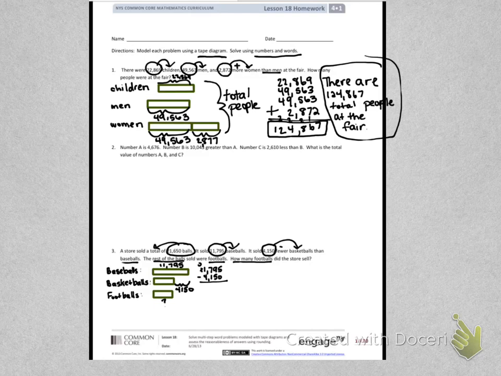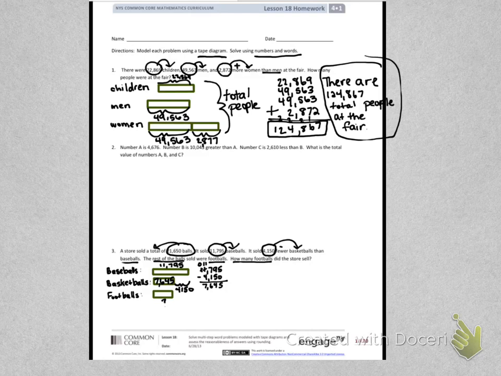I'm going to borrow 1 from the 10,000s, leaving me with 11 1,000s. And now I can do my subtraction. 5 subtract 0 is 5. 9 subtract 5 is 4. 7 subtract 1 is 6. 11 subtract 4 makes 7. So I just got a piece of information. I know that 7,645 basketballs were sold.